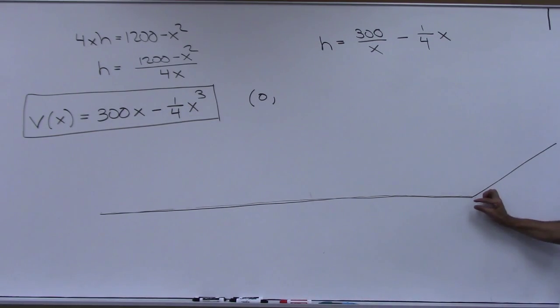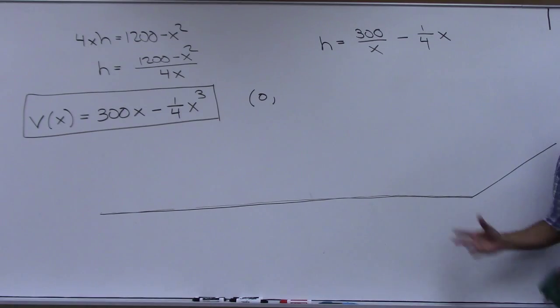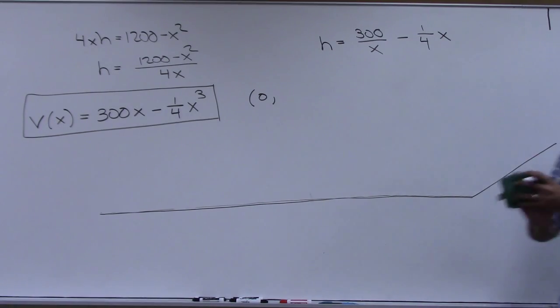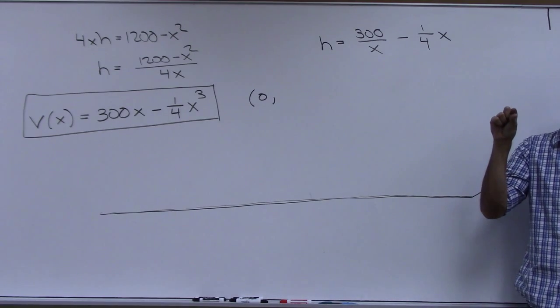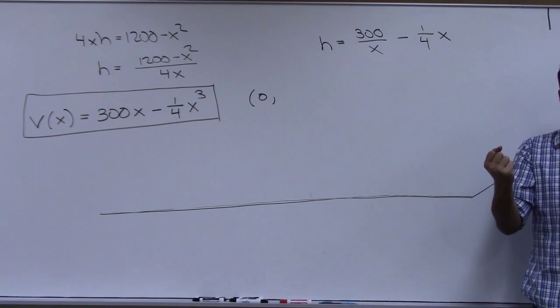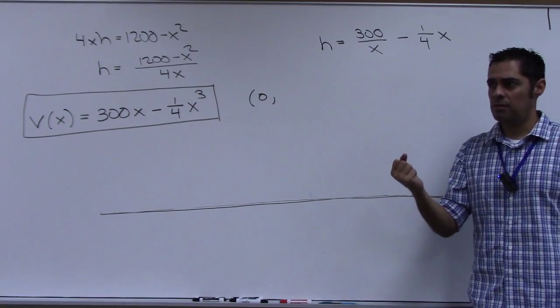If I make it short enough, the bigger I make x, the shorter h would have to be, wouldn't it? But I can't cap x off anywhere. If I make x 1,000,000 centimeters, I could find an h small enough to still stay at 1,200. Does that make sense? So you don't have a restriction on x.